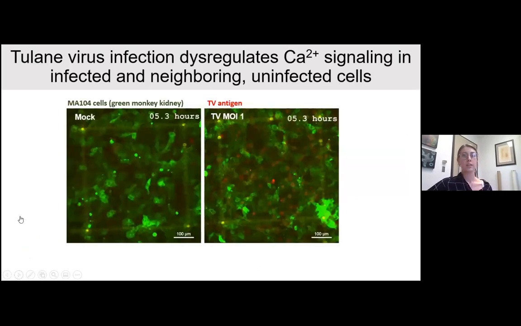So I wanted to test whether, if I infected MA104 cells, I could see this intercellular calcium wave.